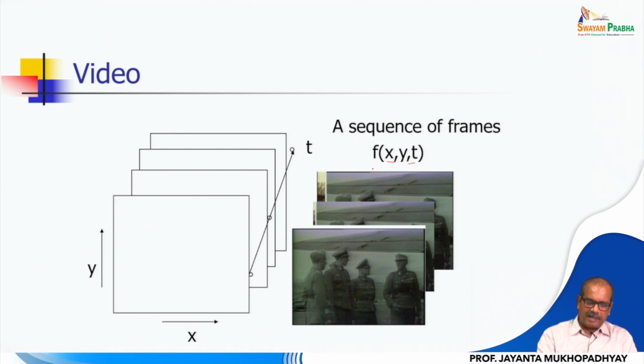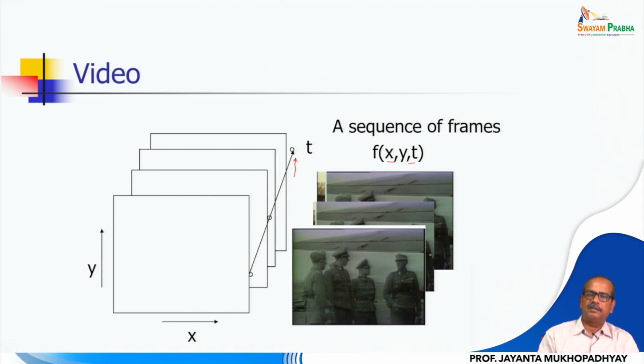From this diagram we can observe how the dimensions are shown here. This is the time dimension. As we progress with time, the frames are getting captured. Every frame has a time instance associated with it, and every frame is an image. This example also shows these are the images.